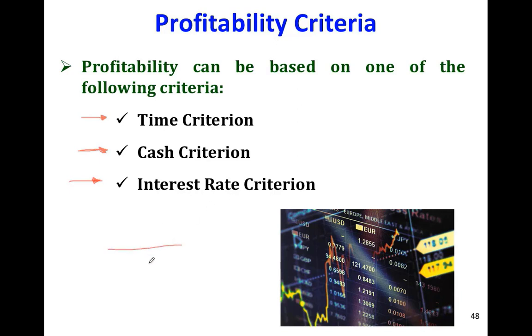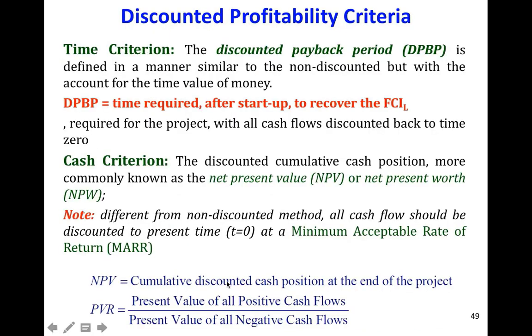Let's say how much money you put at the beginning, how much money you made. So this gives you the interest rate or the profit rate. So there are different criteria. Now I'm going to talk a little bit about them. Okay, so now we are in discounted method, discounted profitability criteria.